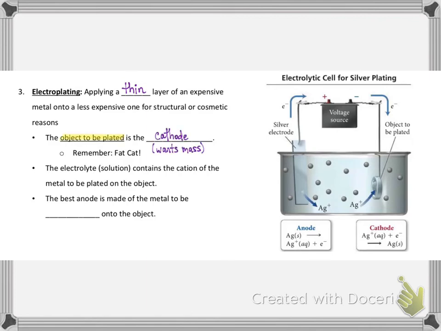And then just like in electrorefining, your electrolyte solution should contain the cation of the metal that you want to plate. And the best anode is actually made of the same metal that you're plating onto the object. So in the example off to the right, you've got an anode made of pure silver, and notice you've got this ring that we're coating in a thin layer of pretty silver.